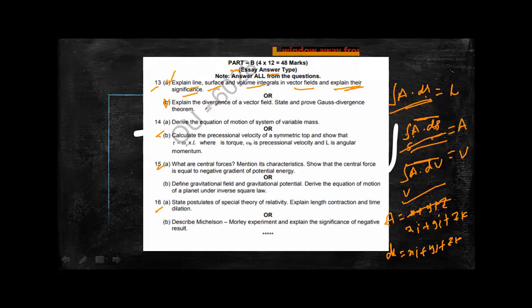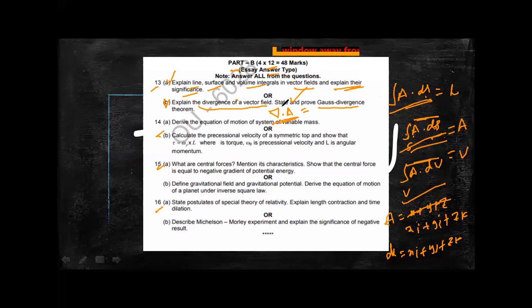And the second alternate choice: explain the divergence of a vector, like divergence of A. State and prove Gauss theorem, the Gauss divergence theorem. We have done this completely, right? What is the divergence? Explain that.